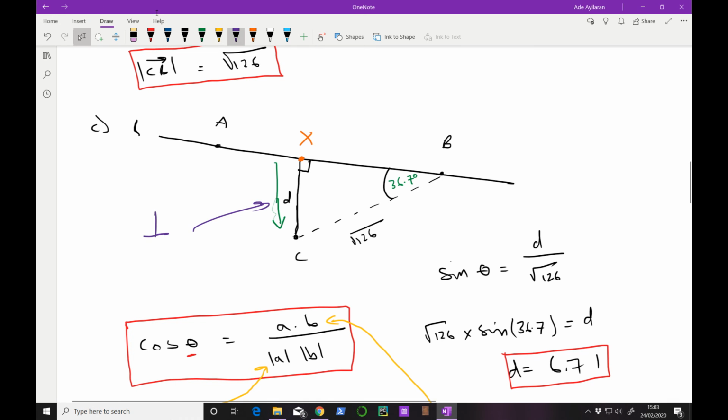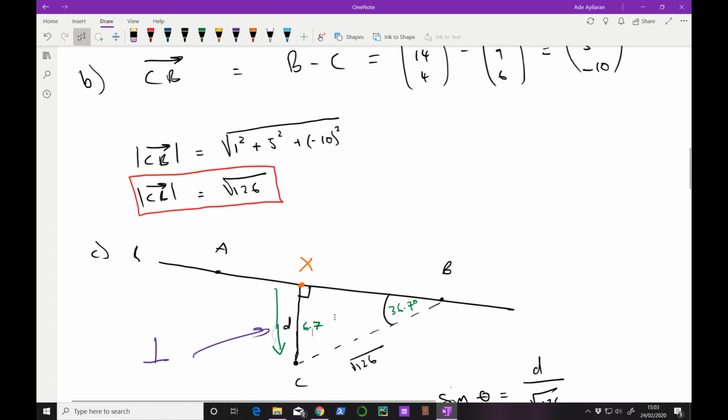Well, if that distance there is 6.7, and from X to B, I've actually already worked it out very quickly before I made the video. So the distance between X and B is actually 9 when I find the magnitude of the vector XB. So XB actually equals 9.